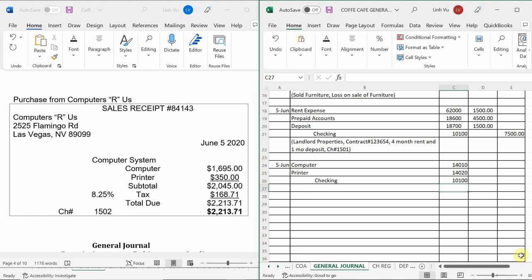We just answered this. How would you categorize a computer and printer? It's your equipment, which is a fixed asset. Right. What costs are included for fixed assets?